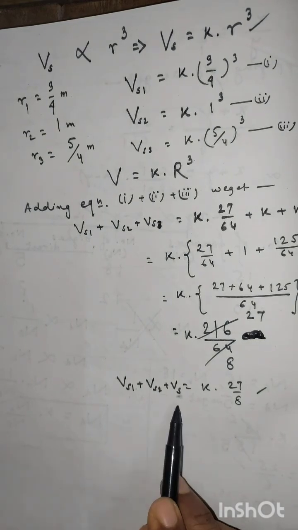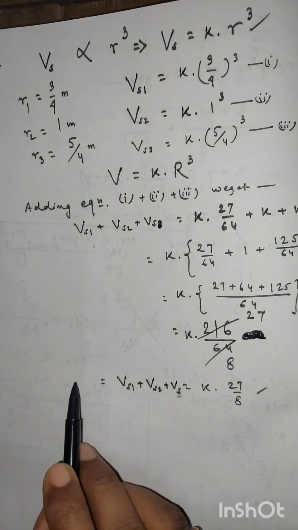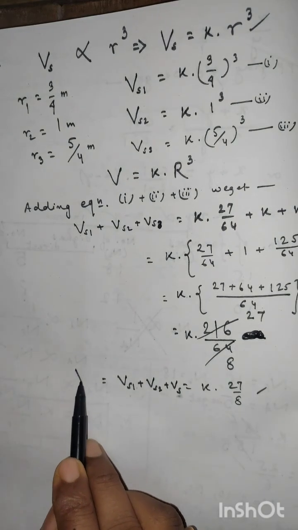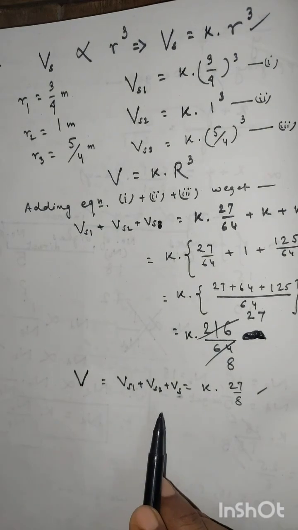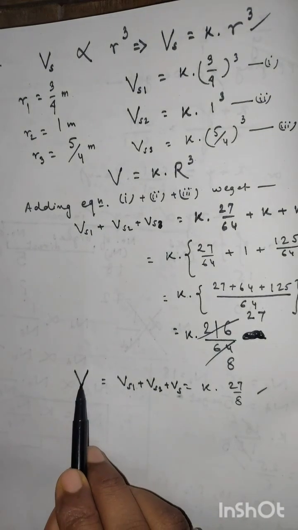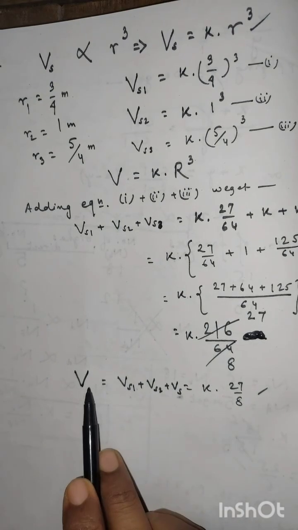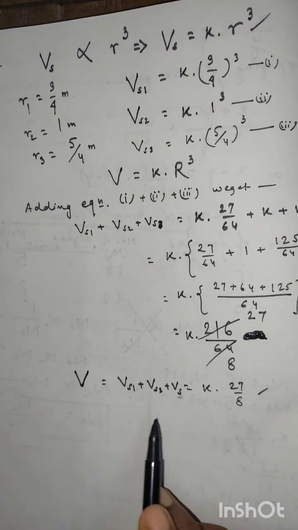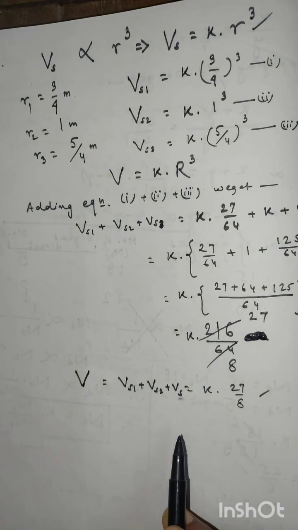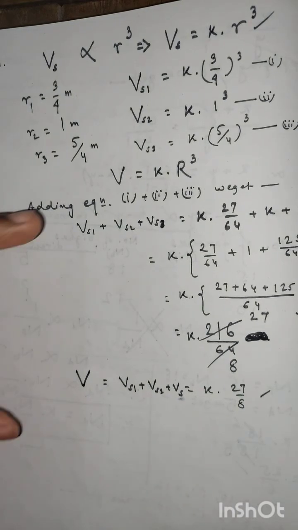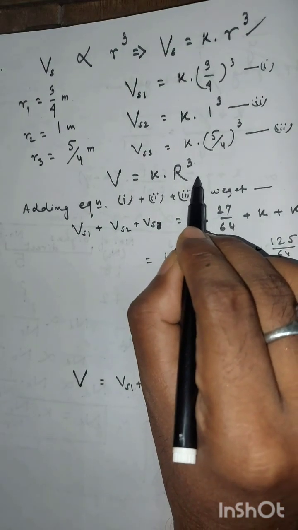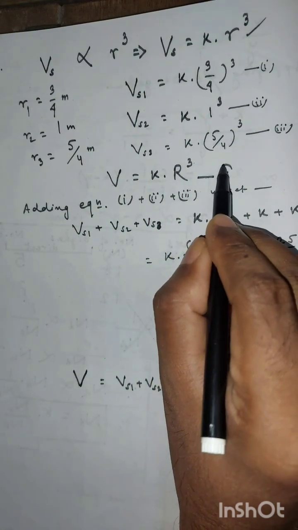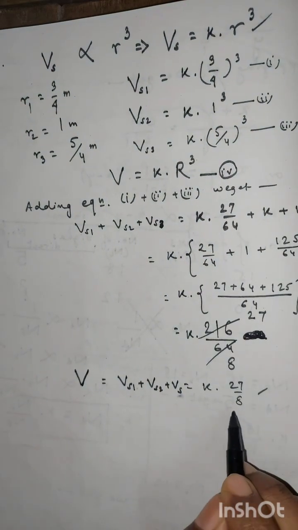So this is the volume of the big sphere. We are giving it equation number 4 and equation number 5.